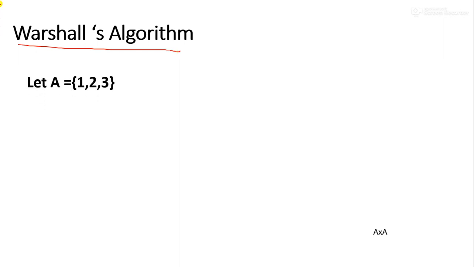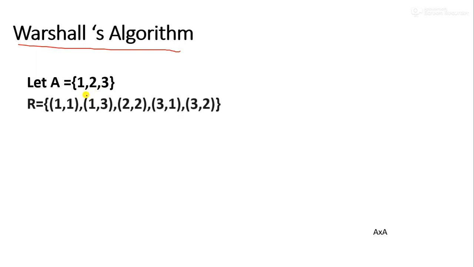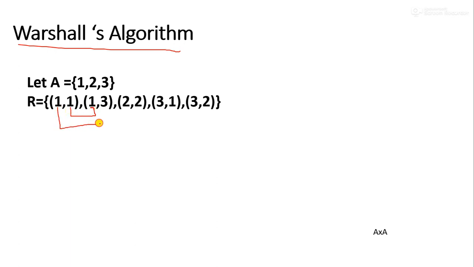Consider this is our set A, which contains three elements, 1, 2 and 3, and this is our relation where we need to check for transitivity. First we try to check by the direct method. Here in this relation we have 2 common, so we must have another pair, that is 1 and 3.